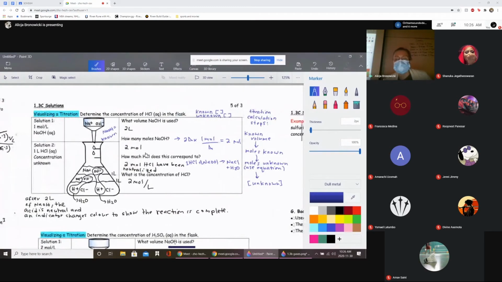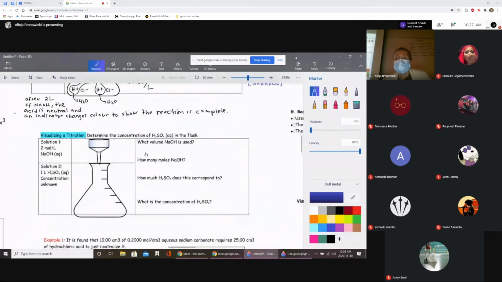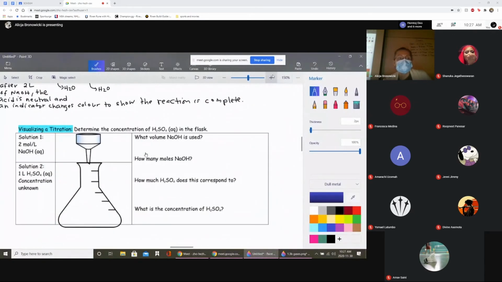Okay, let's try another titration example. Oops, what did I do?